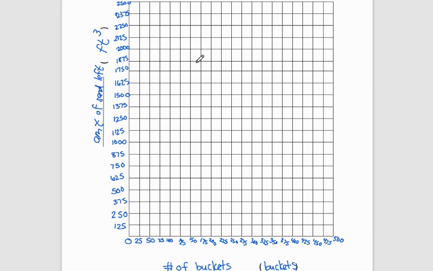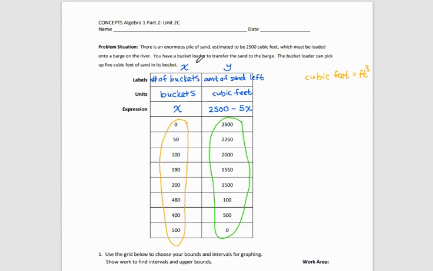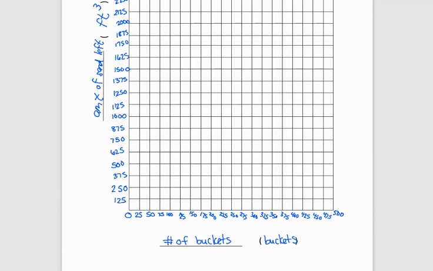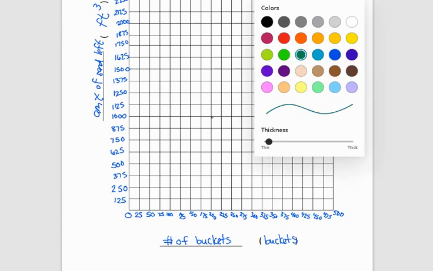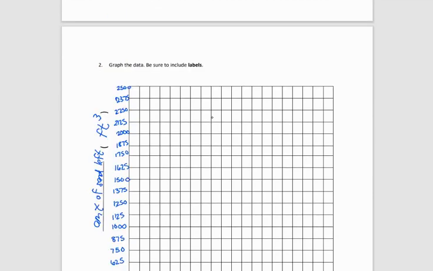Okay, so once we've labeled, remember, then we go back to our chart where I have those orange and green circles, and we're plotting the ordered pairs. So the first ordered pair I'm going to plot is 0, 2,500. So I'll just use a different color than blue. I'll use dark green. 0, 2,500 is way up top.